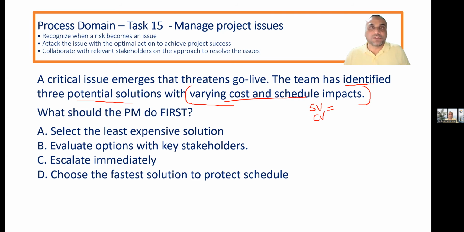It has to be a positive value, negative value, or equal to 0. If this is going to be approved, what are your SV, CV, CPI and SPI telling you, so you can take this decision and do this trade-off?